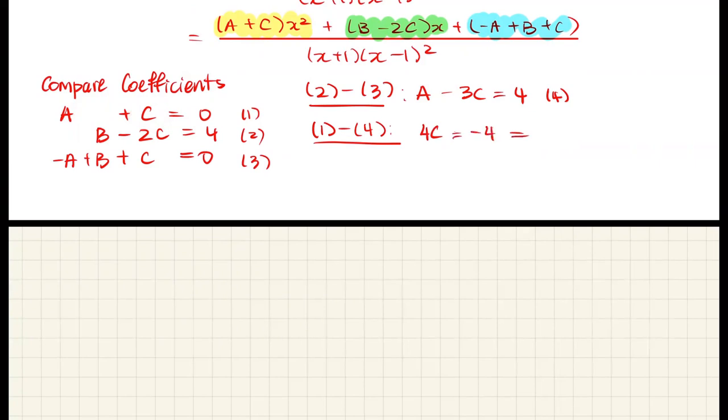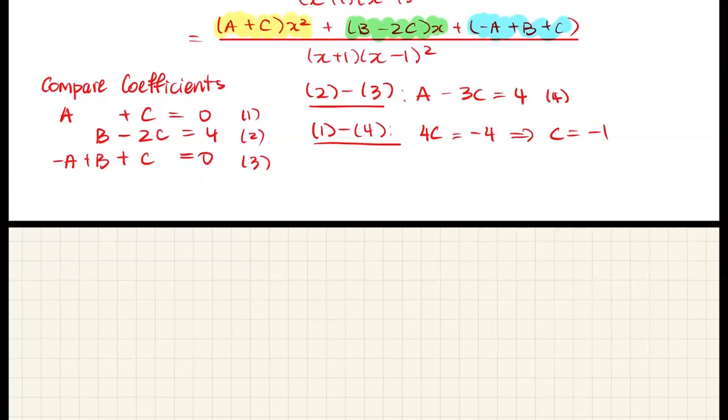So that means c is going to equal negative 1. And if we find the other coefficients, we could see that a is going to equal, or no, negative, it's going to be 1, and that means b is going to be 2.